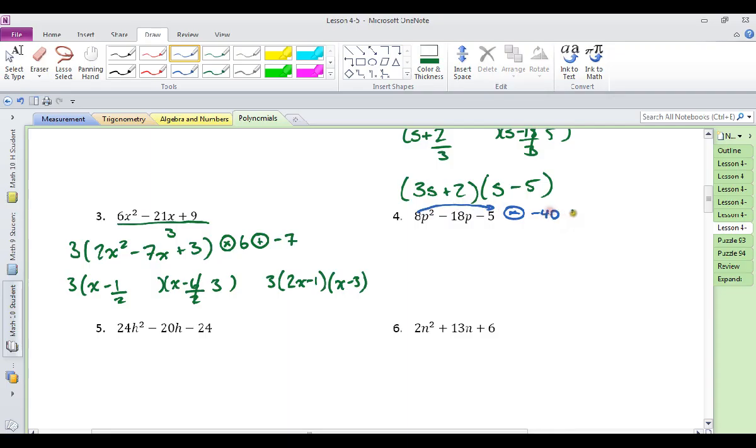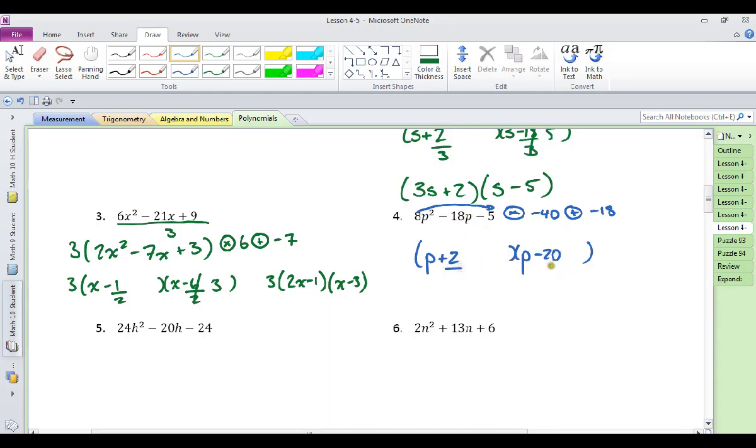Negative 40 and add to what? Negative 18. This is negative, so it's plus and minus, correct? So what are the factors of 40 that will get me to 18? 20 and 2. Which one's positive? 2. Because 2 minus 20 gets me negative 18.